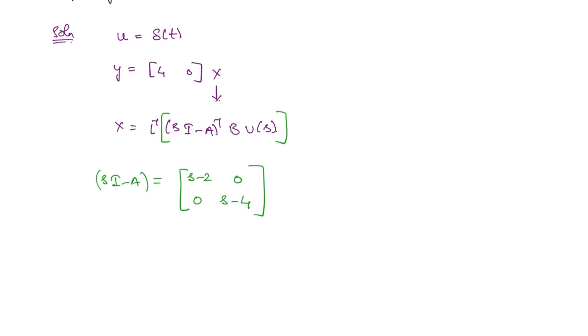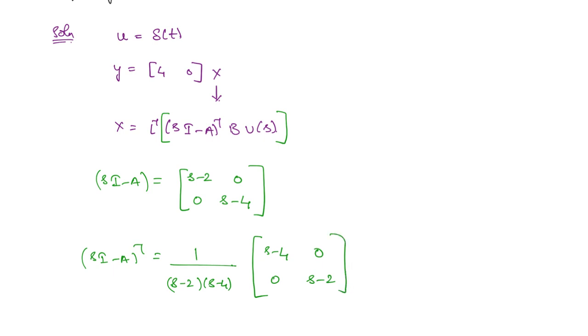Now what will be (sI minus A) inverse? This will be equal to the adjoint by the determinant. The determinant is (s-2)(s-4), and the adjoint is [s-4, 0; 0, s-2]. So you are going to get [1/(s-2), 0; 0, 1/(s-4)].